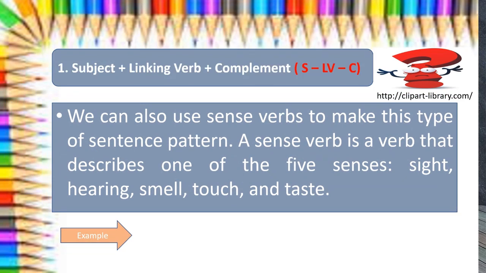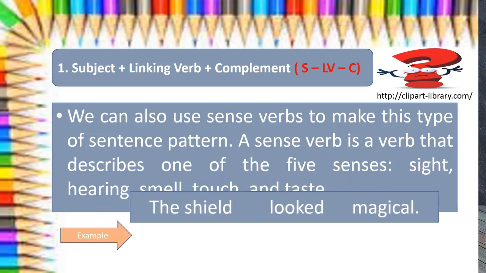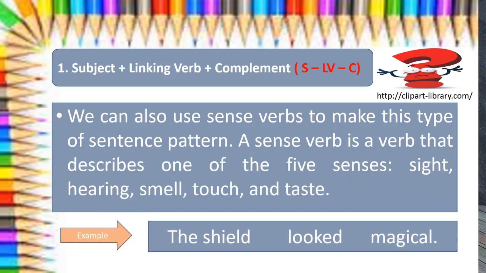A sense verb is a verb that describes one of the 5 senses, the sight, hearing, smell, touch, and taste. For example, the shield looked magical. The subject is the shield, the linking verb is looked, and the complement is magical. The word magical complements to the main subject, shield.